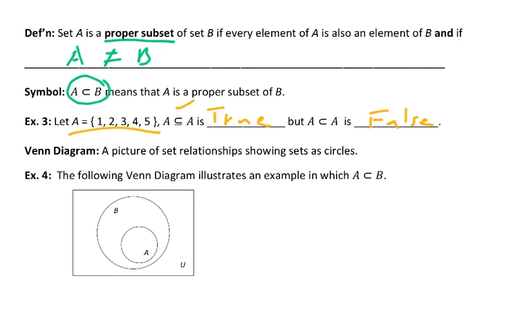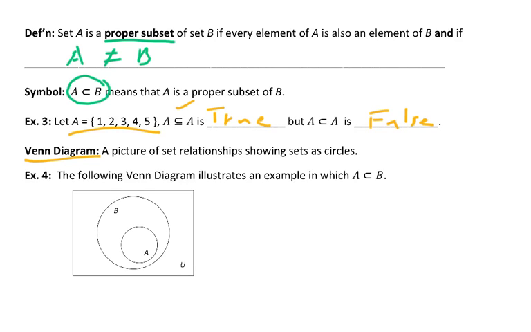Now, I want to just very quickly show you a little diagram that we're going to explore much more later in future videos. There's a device called a Venn diagram, which essentially creates a picture of set relations, where each set is represented as a circle.